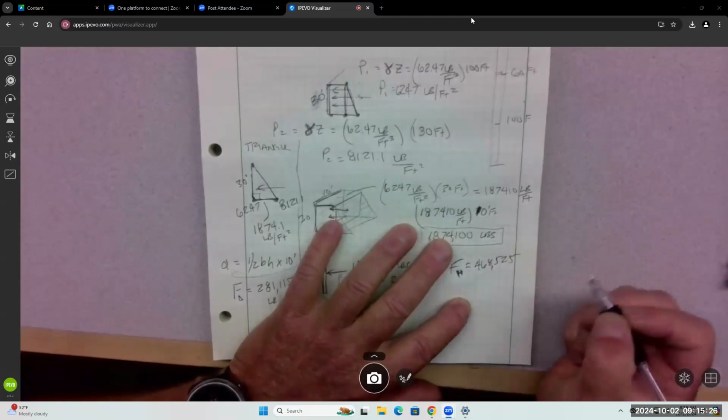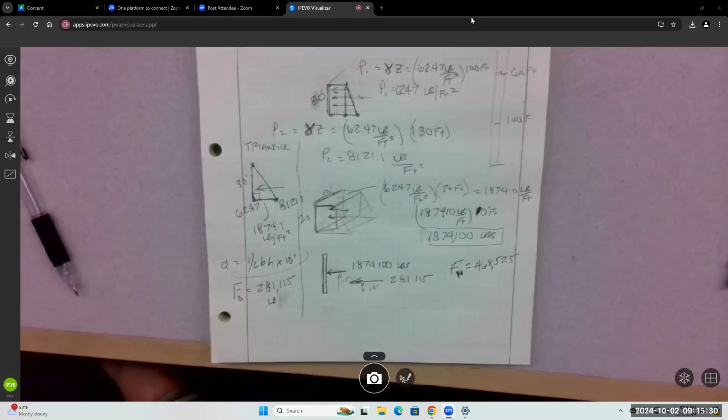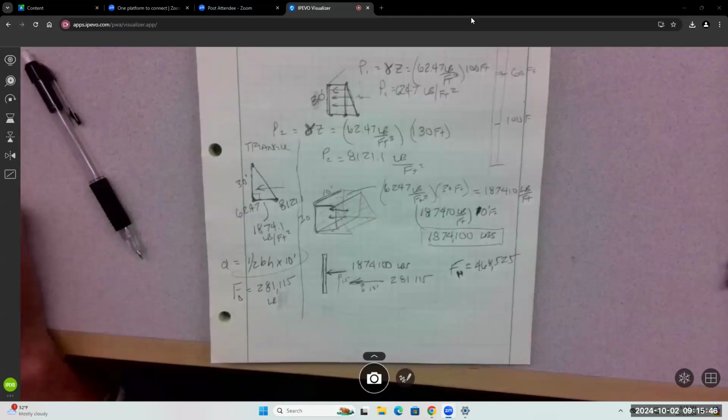The harder part of the problem is figuring out where it is. It's 1.8 million and 200. Did I do that math wrong? I got 1.8, okay, 187,691.